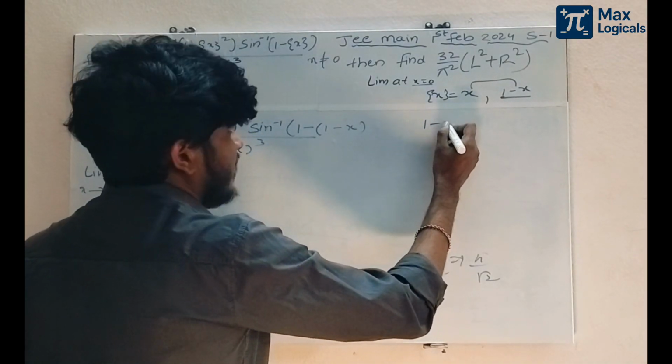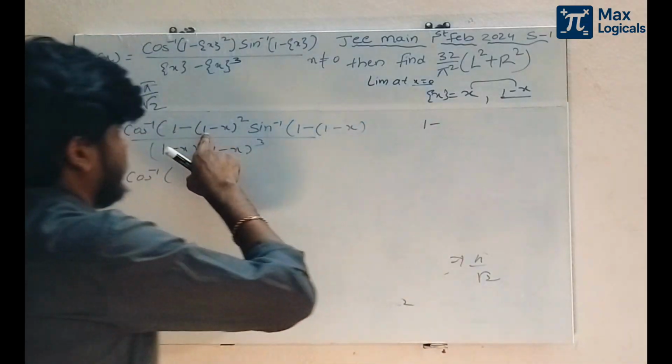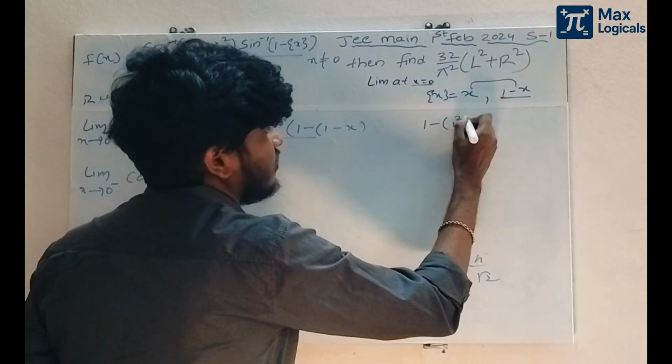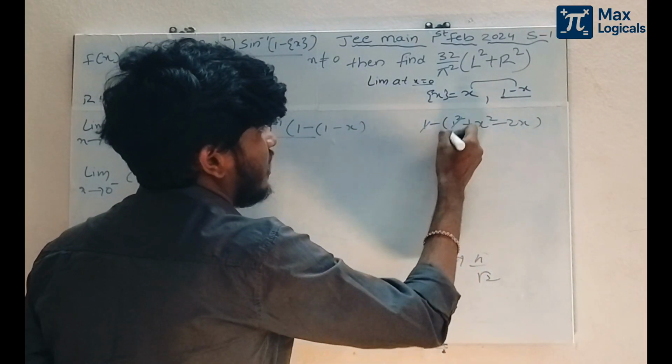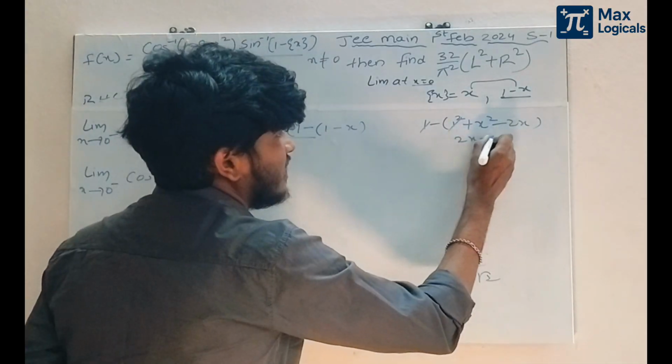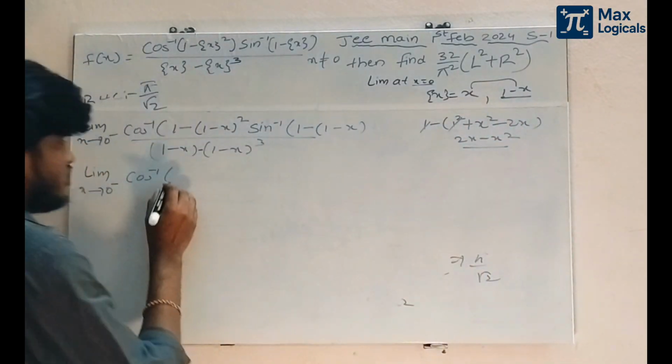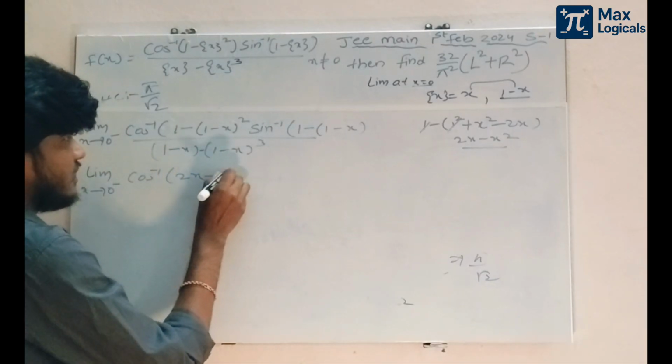Here 1 and 1 cancel, and we get 2x minus x square.